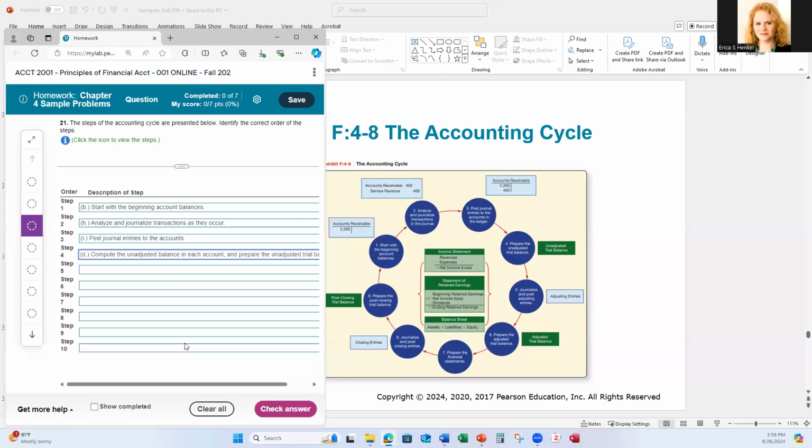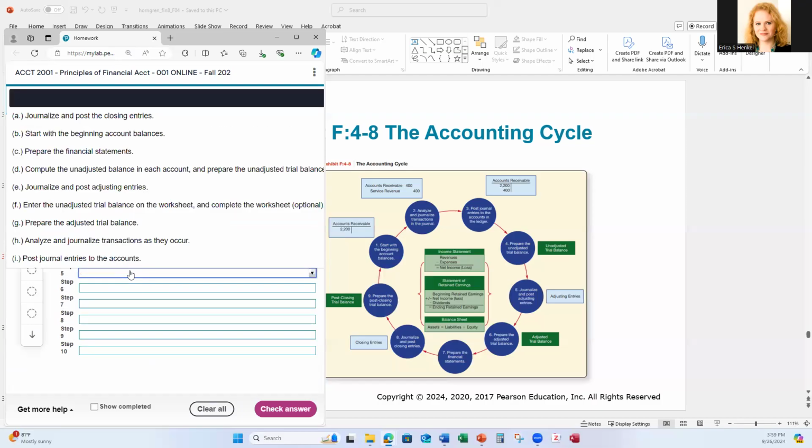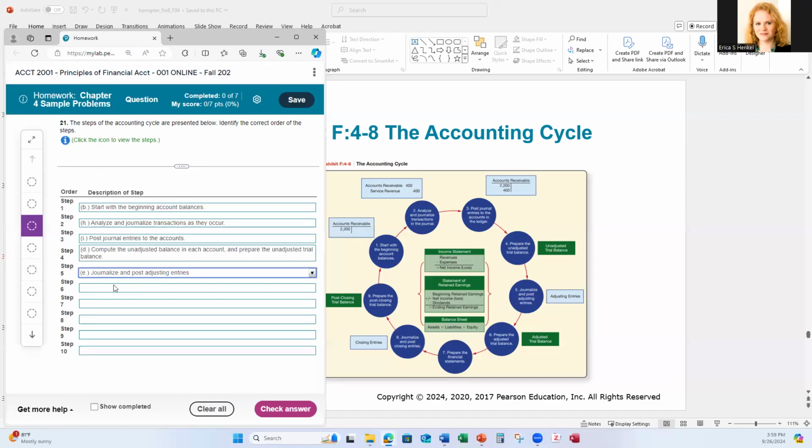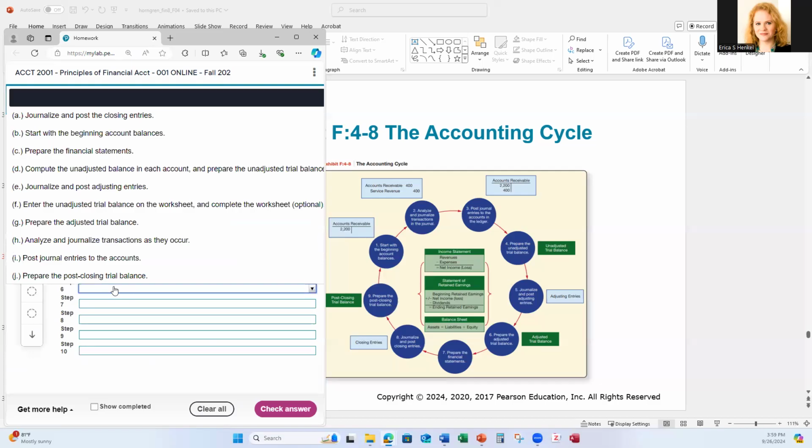Compute the unadjusted balance in each account, prepare the unadjusted trial balance, journalize and post the adjusting entries, preparing the adjusted trial balance.